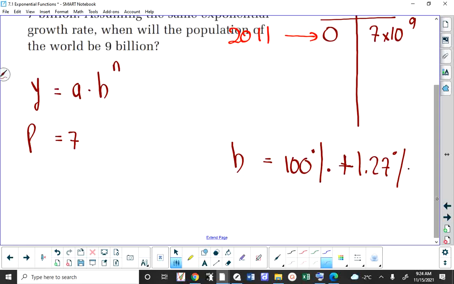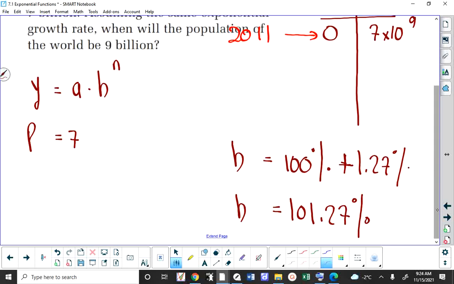Because it says the population increases annually by 1.27%. So whatever it was at the beginning of a particular year, that's 100% of the population. We have to add 1.27%. So we get b equals 101.27%. But of course, percent, everybody, means divided by 100.